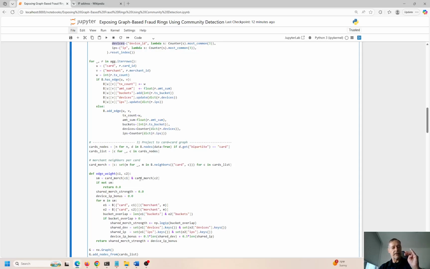So now we have to go ahead and create the card-to-card graph. So we want to know, is the same type of card being used maybe by different people? That would be highly unusual, right? Unless it's maybe a husband and wife sharing a card. But if you have sort of like a large network, maybe a dozen different people using one card, that would be highly unusual.